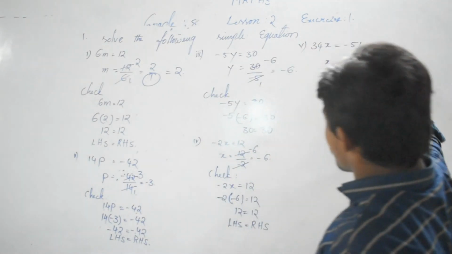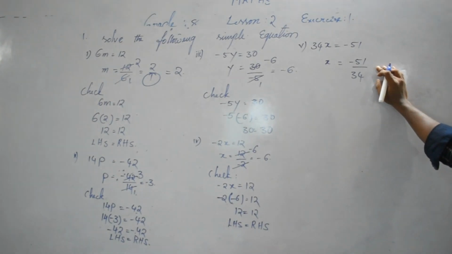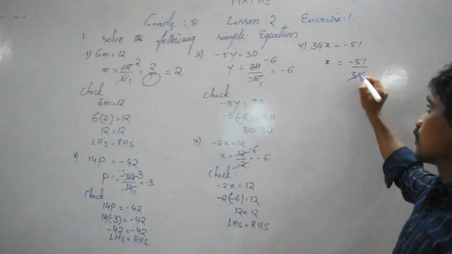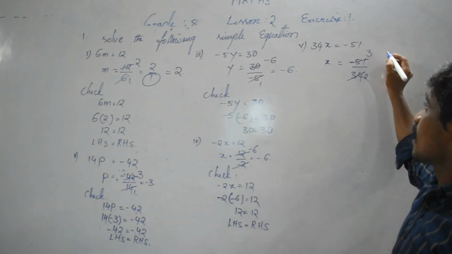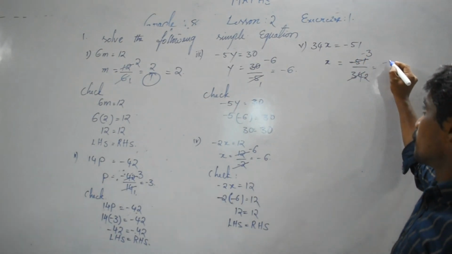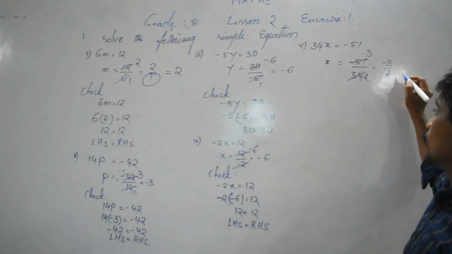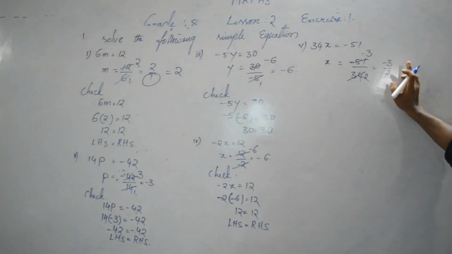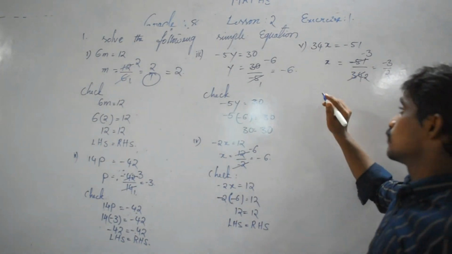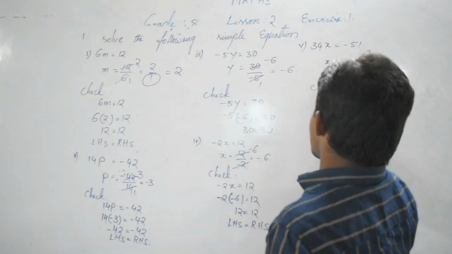Which table is coming for both? 17 twos are 34, yes, 17 threes are 51. Minus 3 by 2. X value minus 3 by 2. So once we check.